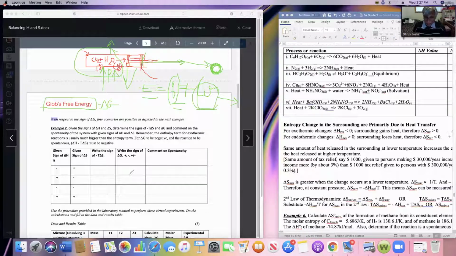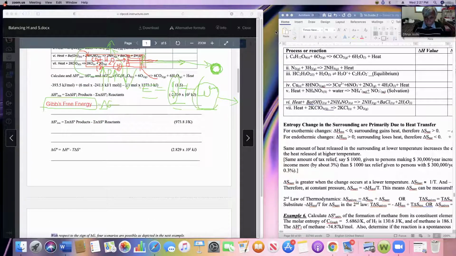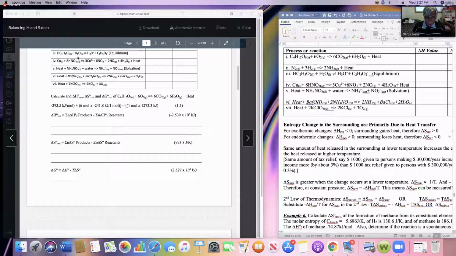If the reaction is in equilibrium, like the process we had earlier here, delta G is 0. So for a spontaneous reaction, delta G is always negative. For a reaction in equilibrium, delta G is 0. For a non-spontaneous reaction, delta G is positive.